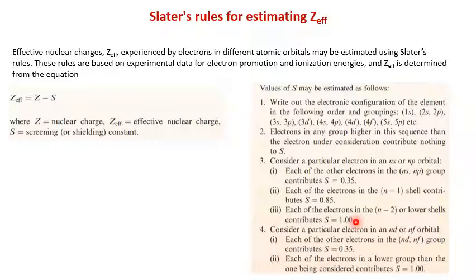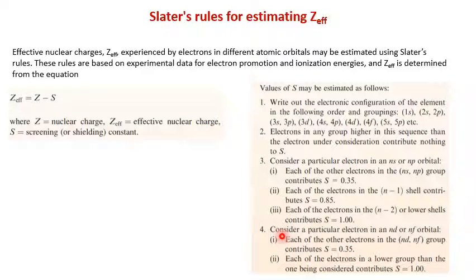So basically, if the electron is in an ns np group, then other than that electron, all the electrons in that group contribute 0.35. The electrons in the n minus 1 shell contribute 0.85 to the S value, and those in the n minus 2 and lower shells contribute 1 to S.